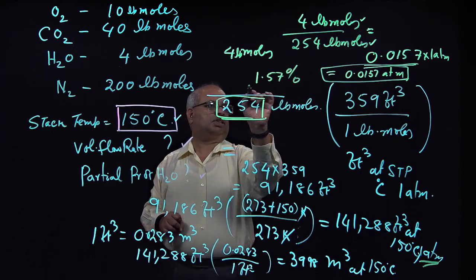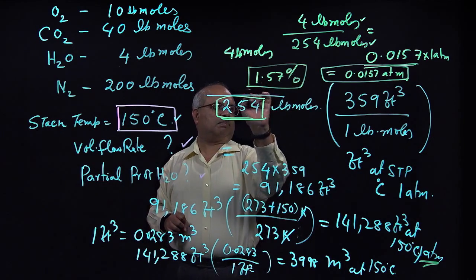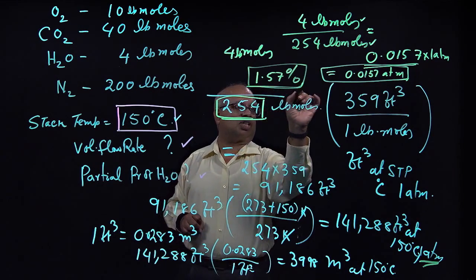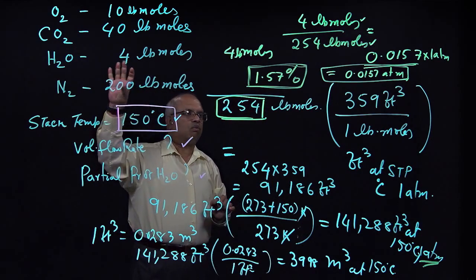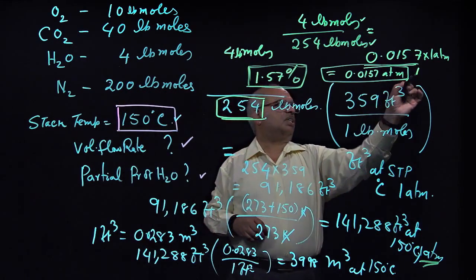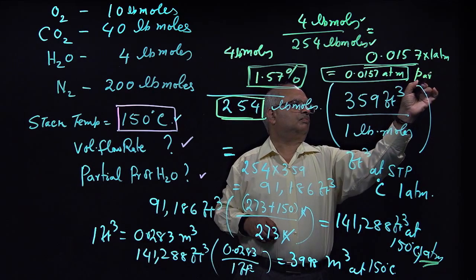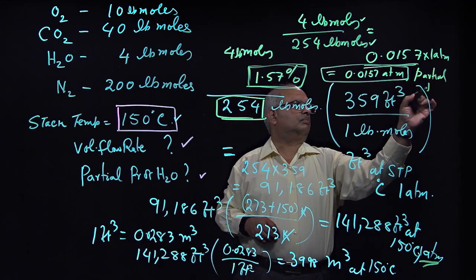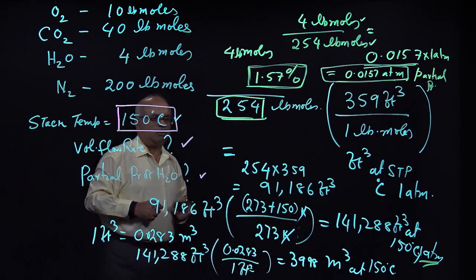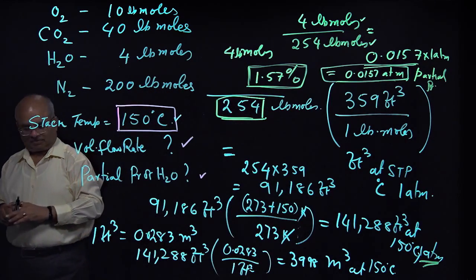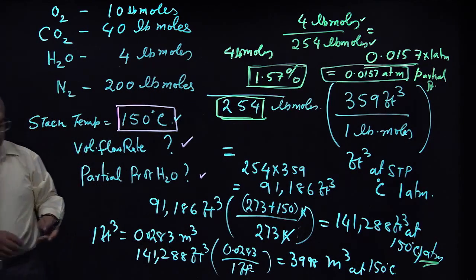This is the percentage of the total pressure exerted by water vapor. Partial pressure is the 0.0157 atmospheres. All right, I hope this is clear. That's about it for this problem.